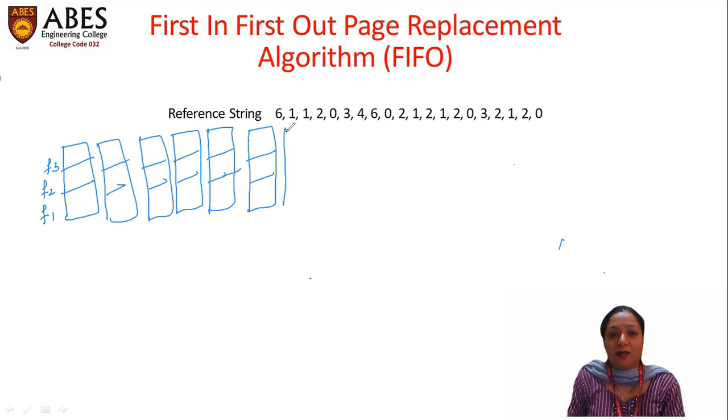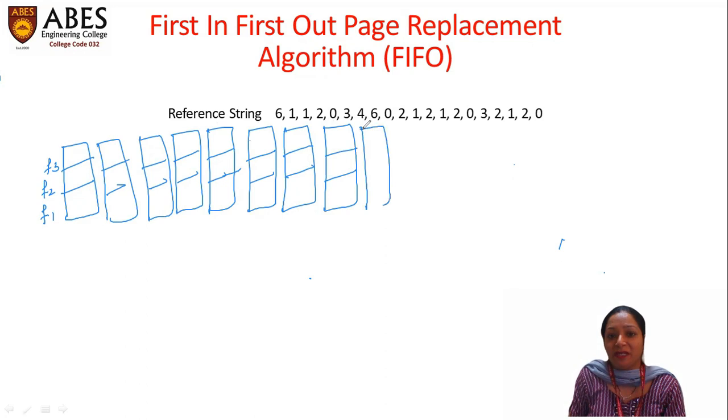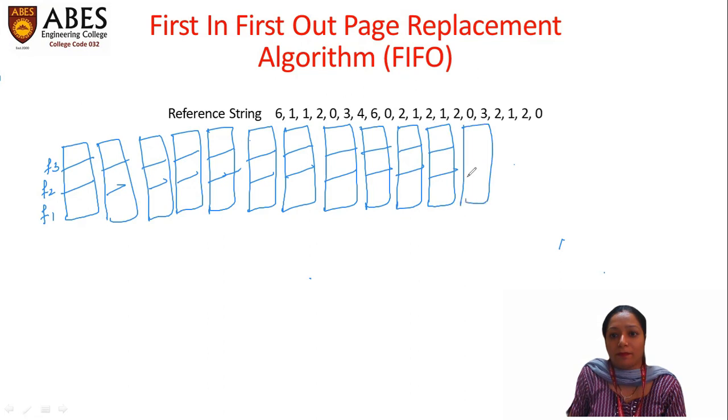The FIFO page replacement algorithm is one of the basic page replacement algorithms, and it says that you need to replace the page which is the oldest among all the pages present in the given number of frames. We can also do the numbering.